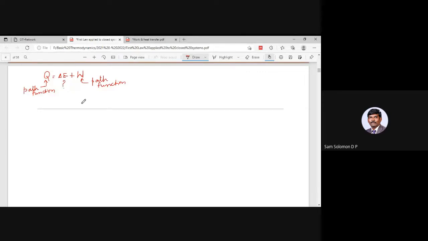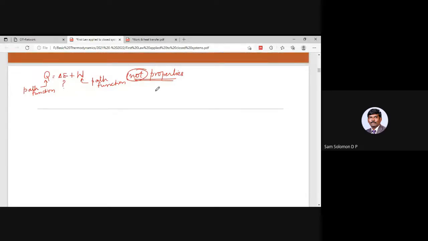Is this guy a path function or a point function? Because these two guys, Q and W, are path functions, they are not properties. When we discuss properties, we said they should be independent of path. Because these two are dependent on path, they are not thermodynamic properties. So now the question arises: what about delta E, whether it is a property or not, whether it is a point function or a path function. So let's check this.